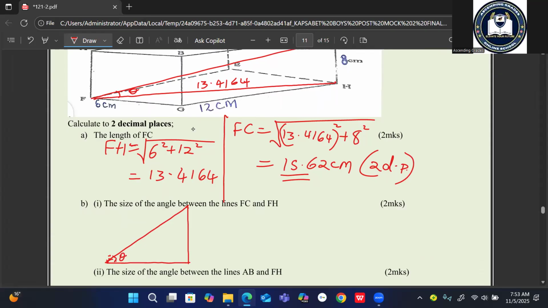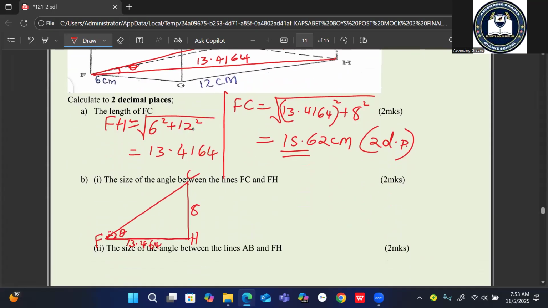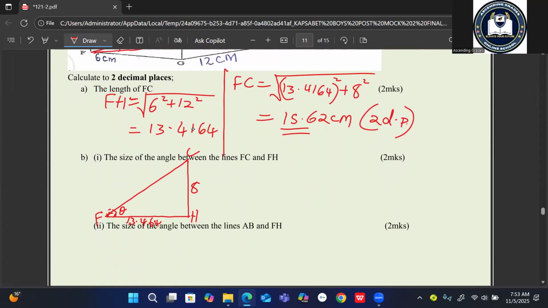So we have there 13.4164. Now height is 8 centimeters. So this is F. This is H. Then we have C there. We are told to calculate the angle between lines FC and FH.